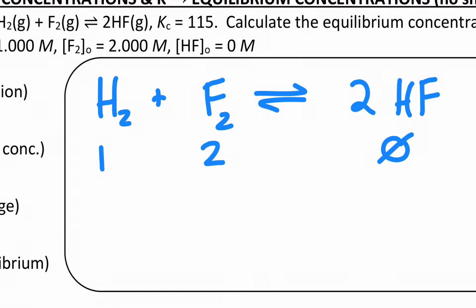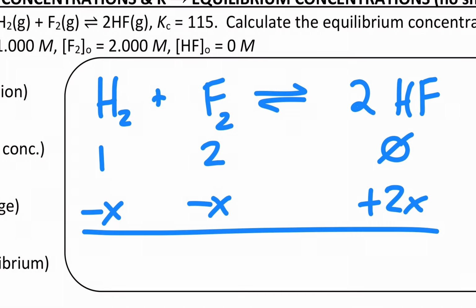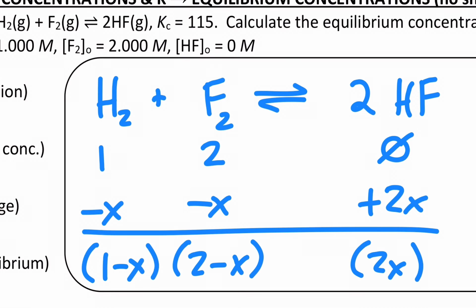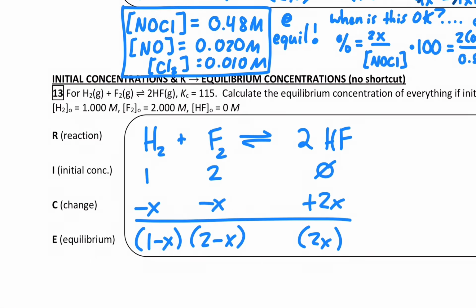We are going to go forward once again because we have no product, so the reactants are going to react. I'm going to lose some X, I'm going to lose some fluorine, I'm going to gain 2X of the hydrofluoric acid, or actually hydrogen fluoride, because it's in the gas phase. So at equilibrium, I have 1 minus X, 2 minus X, and 2X for the HF. So hopefully you were able to get at least that far.